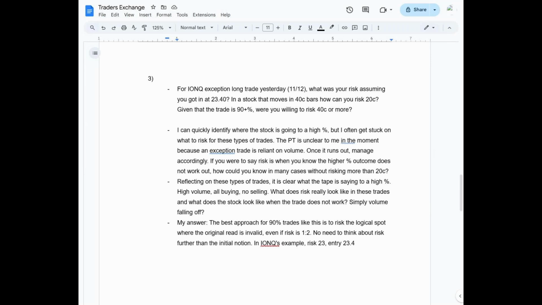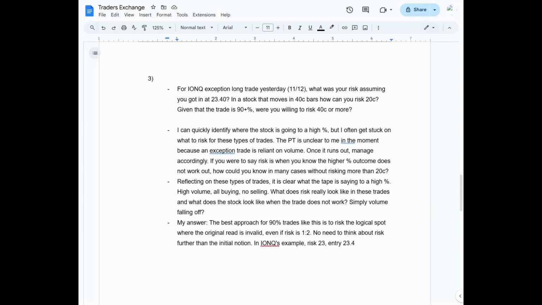So 40-cent bars is simply how they're trading it. That doesn't mean that it's trading between 40-cent bars. It's trading between increments. Then you're strategizing a stock based on 40-cent bars, which is not part of our formula.